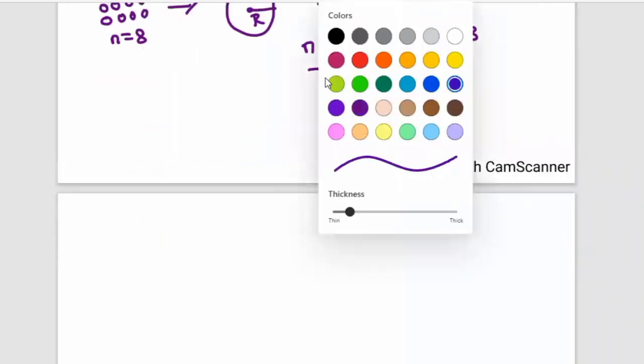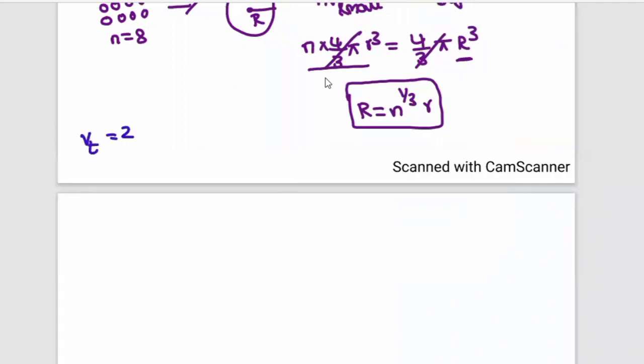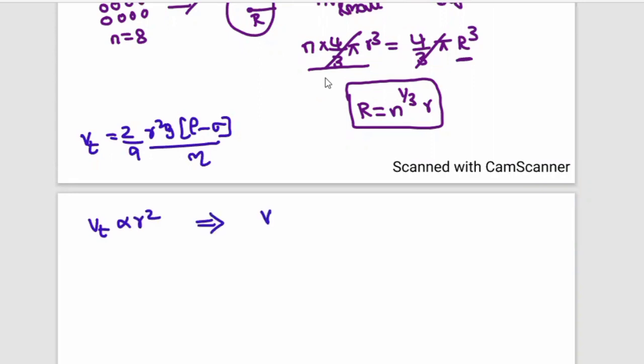Vt is equal to 2/9 r square g into rho minus sigma divided by eta. So terminal velocity is directly proportional to r square. If you take the terminal velocity of a small drop v1 and of the big drop v2, then v1 by v2 is equal to small r square divided by capital R square.